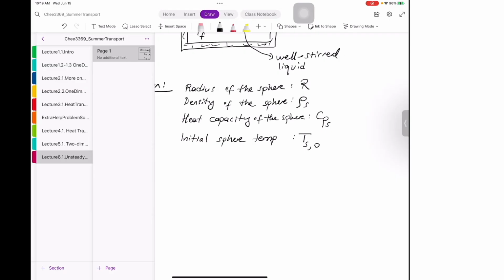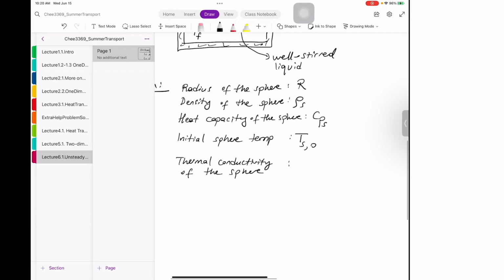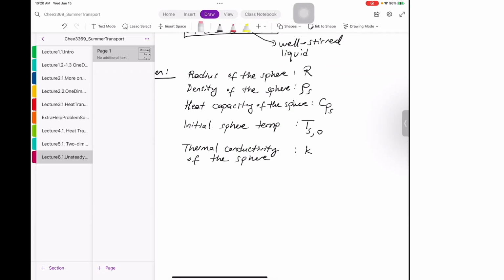Okay. And thermal conductivity of the sphere is k.